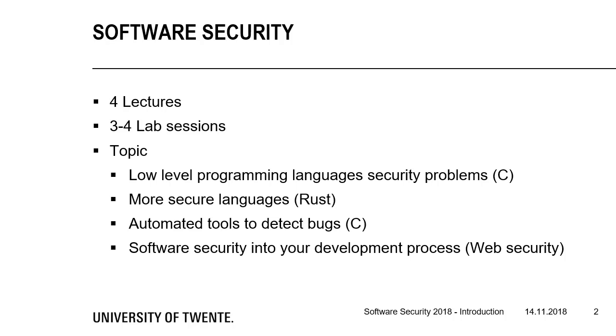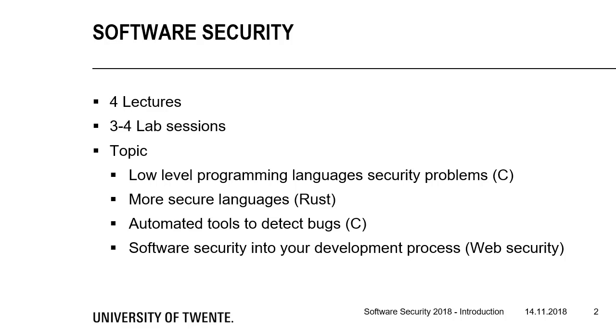What we will do in this course is 4 different things. We will talk about low-level programming languages and their respective security problems, which means bugs that you can create in C. Then we will talk about a solution for that, a more secure language called Rust.